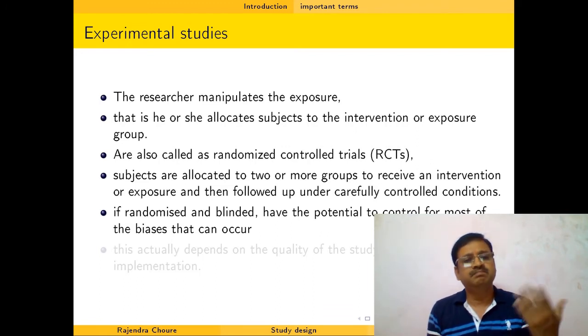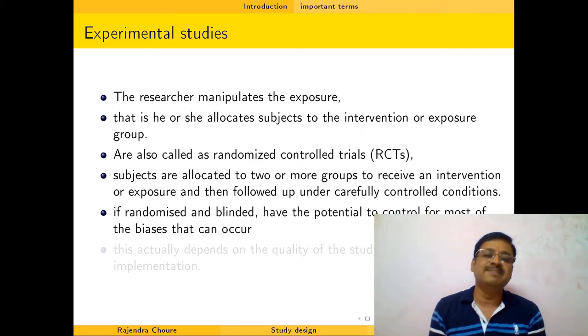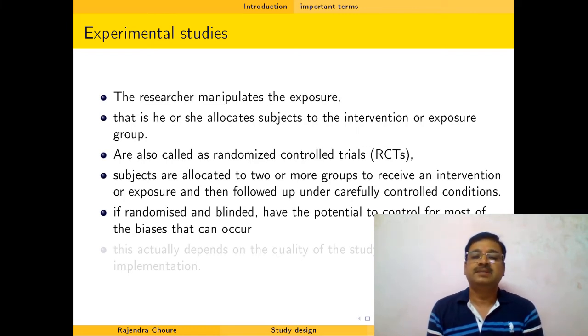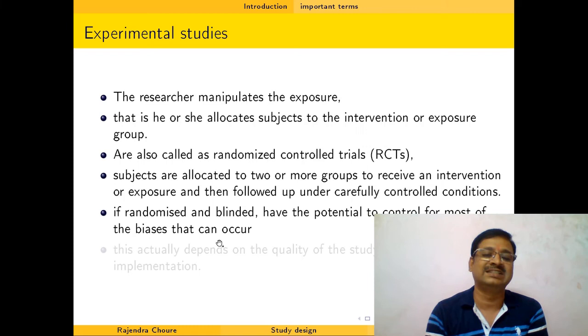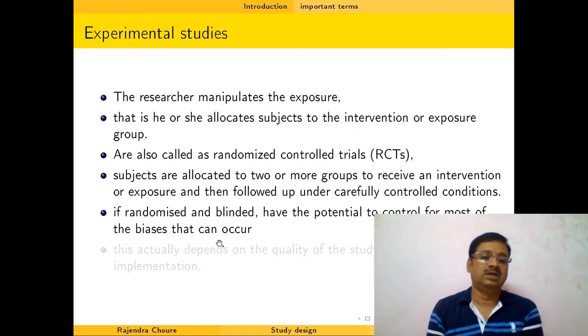If the assignments are randomized and blinded, then we have the potential to control most of the biases that can occur. Randomization and blinding, along with replication, are important concepts for experimental studies. If we use those concepts in our experimental design, then the design has the potential to control most of the biases that can occur in the study design.